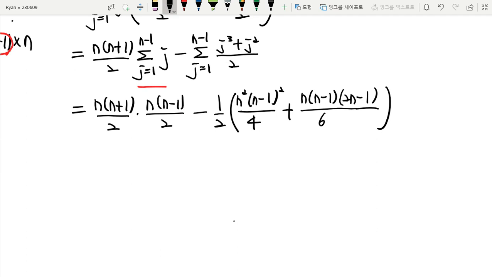This one is really hard. So at first, the common factor is n times n minus 1.